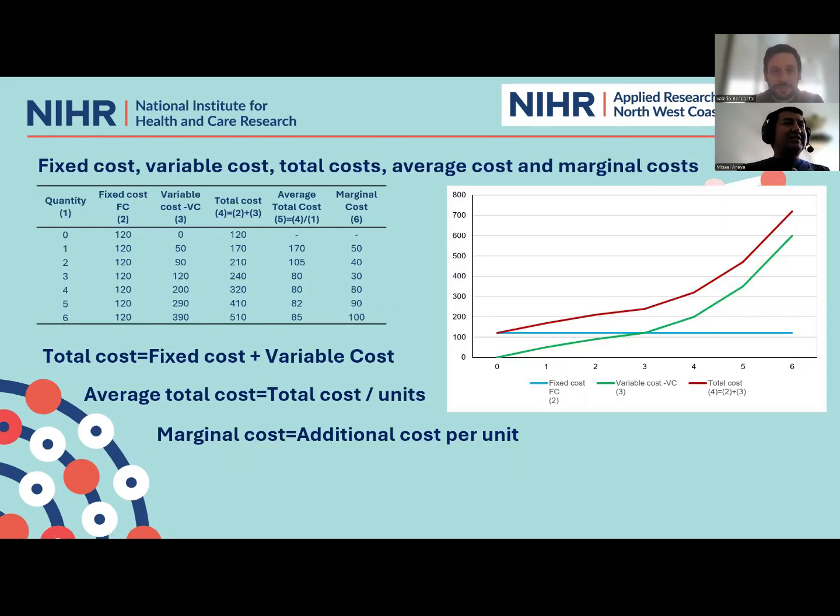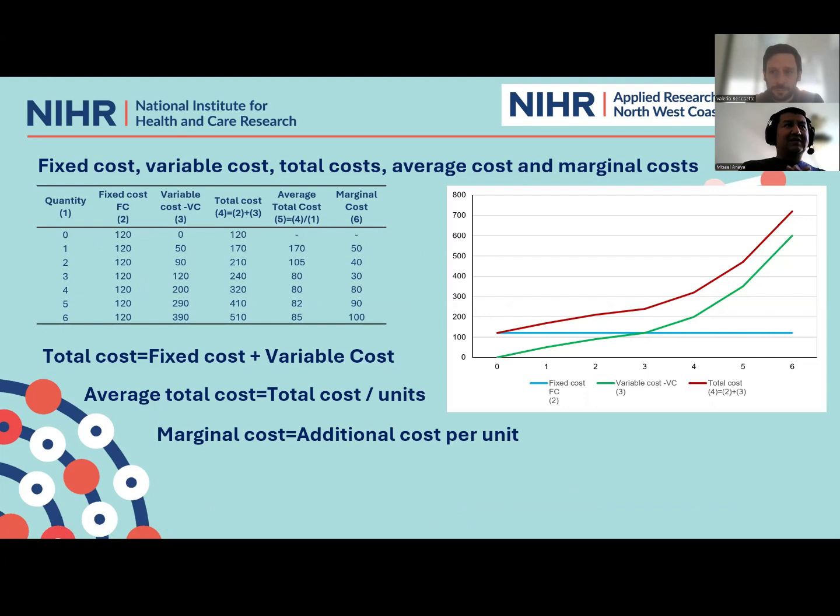So we can see, for example, here an example of fixed cost, variable cost, and total cost. Fixed cost is basically a cost that is not changing with a product. For example, rent is a fixed cost because every month we need to pay the rent, even if we produce one output, no output, or 10 outputs.